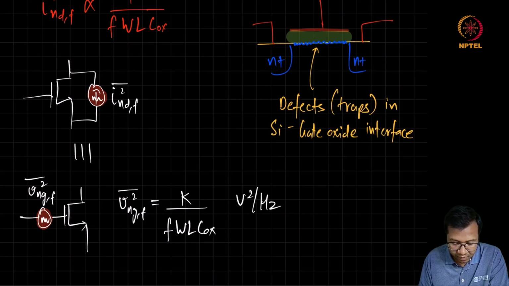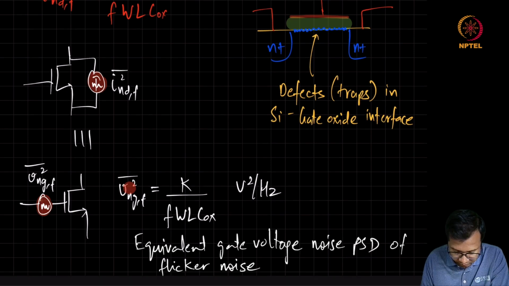So many times it is convenient to model the flicker noise as an equivalent gate voltage. As we can see, there is no bias dependent term here, whereas when it is referred to the current side, this flicker noise will also depend on how the MOSFET is biased, mainly what is the transconductance of this MOSFET.